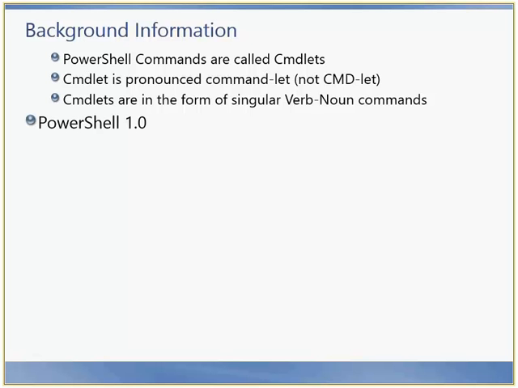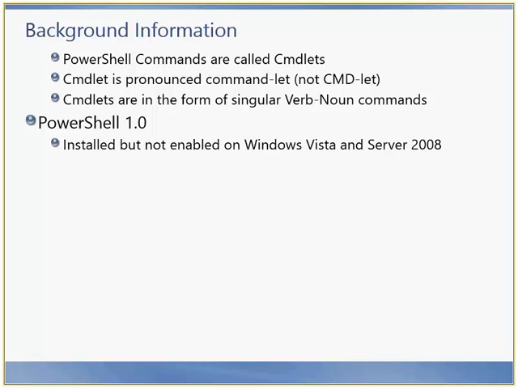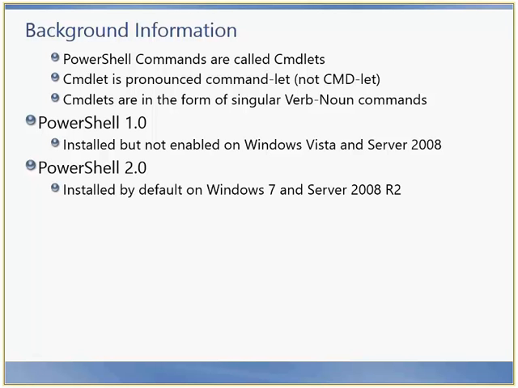So now let's talk about the different versions of PowerShell. PowerShell 1.0 was installed but not enabled on Windows Vista and Server 2008. PowerShell 2 is installed by default on Windows 7 and Server 2008 R2. So I have a lot of people ask me, okay, how do I get started with this PowerShell thing?